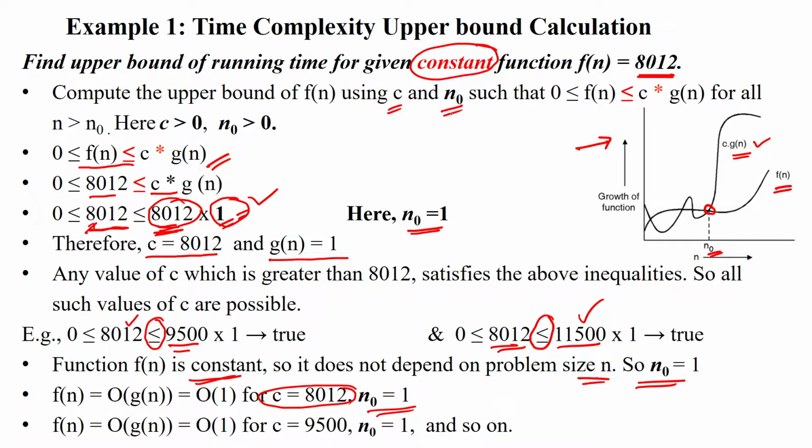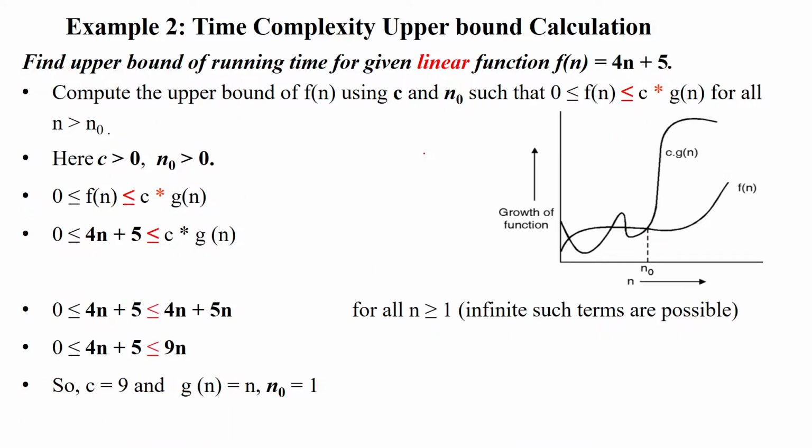In example 2, we will find the upper bound for the given linear function f of n equals 4n plus 5. As per the given big O notation, 0 is less than or equal to f of n, which is less than or equal to c into g of n, for all input sizes n greater than the smallest input size n0.